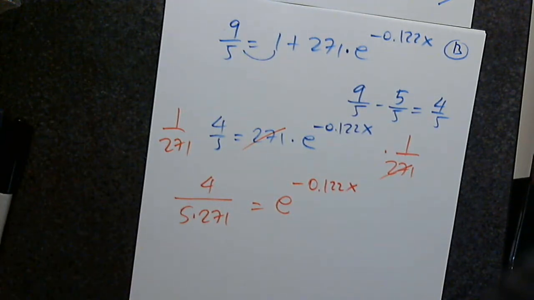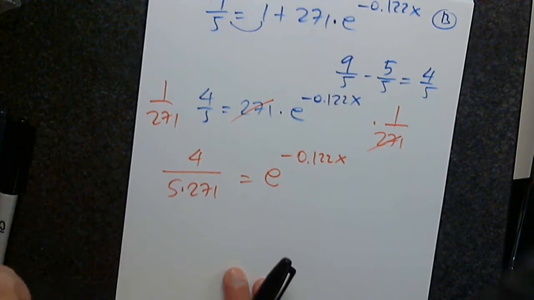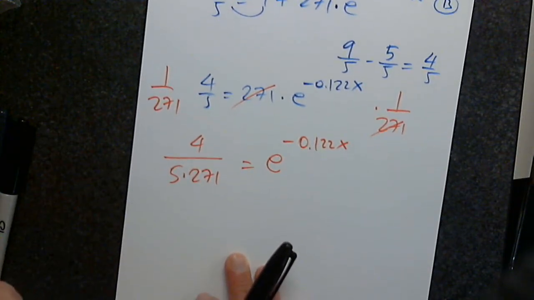Now, this equation is what type? Exponential. Excellent. It is an exponential equation. It's all cleaned up. It's ready for the calculator. That was going to be my answer. Not yet. Correct.